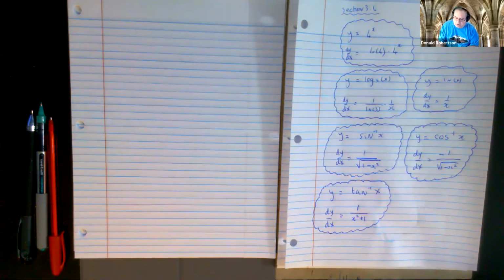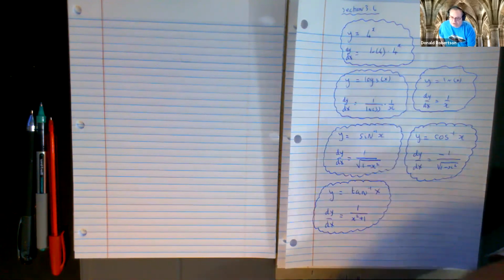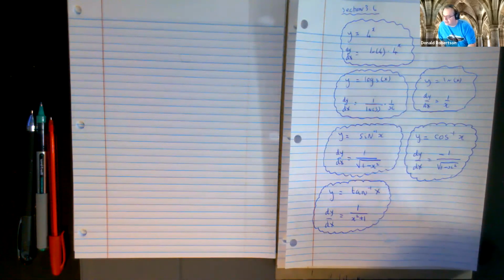I'll assume that you've already got these 2 guys in your list. So we've pretty much got every function that you're likely to need to differentiate. We've got them all now. We can differentiate x cubed.